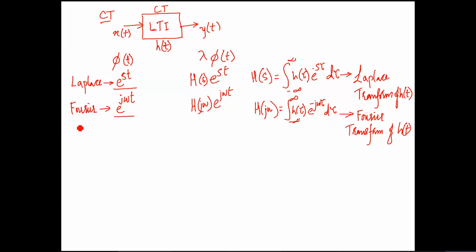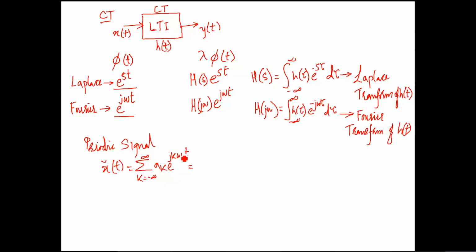He talked about this complex exponential e raised to the power of j omega t, and he said that if you have any periodic signal, then you can express that periodic signal x of t in terms of a sum of scaled complex exponentials which are harmonically related, e raised to the power of j k omega naught t, for k equal to minus infinity to infinity. And we can expand this.